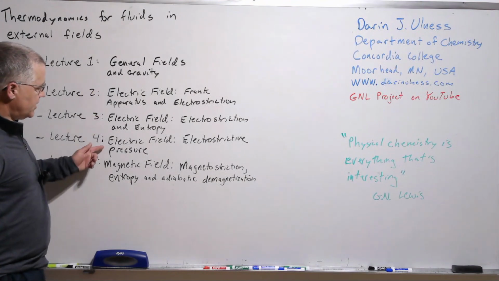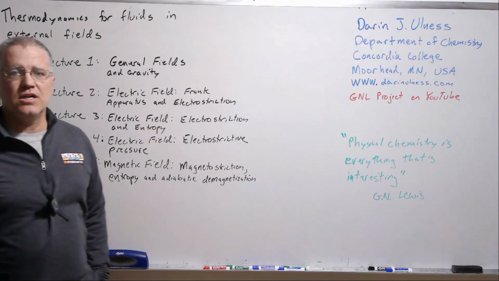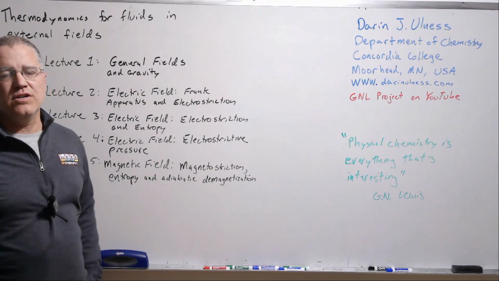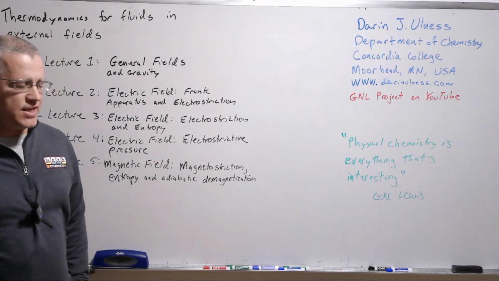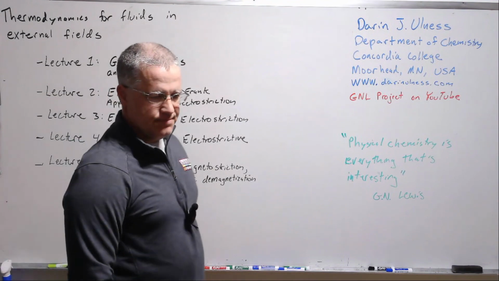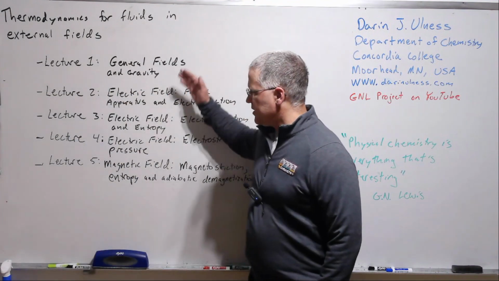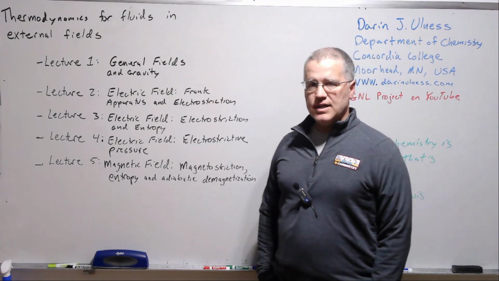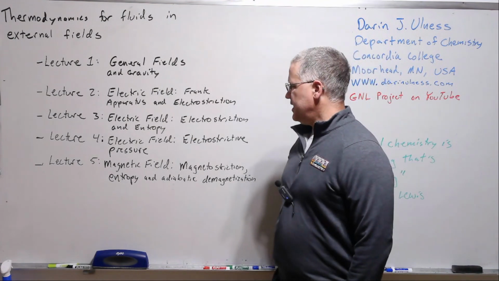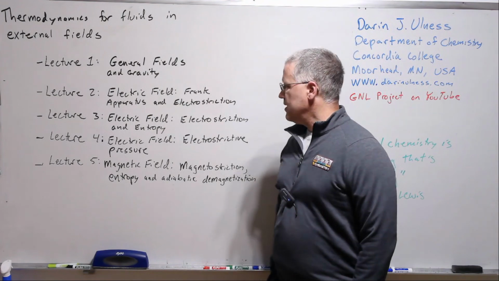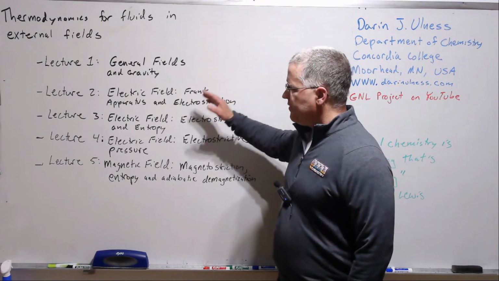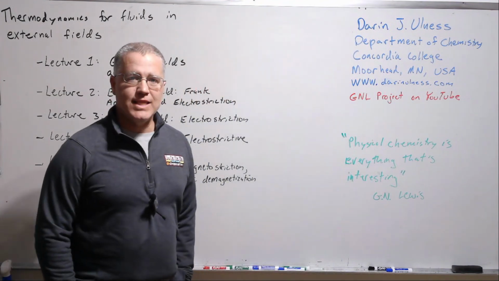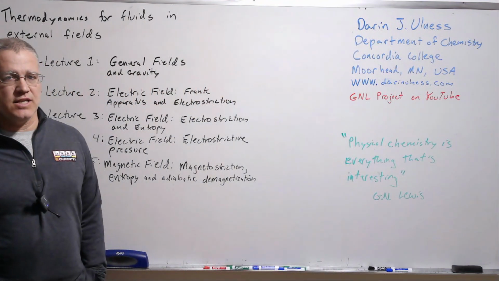Then we will take a series of 3 lectures on the electric field. So here's where we'll dig into a lot of the thermodynamic manipulations and calculations, and use the primary example in this mini course as the electric field. Here we will study electrostriction in detail, but also entropy and all various types of thermodynamic quantities related to a fluid in an electric field.